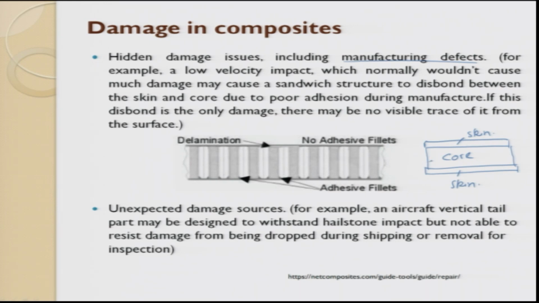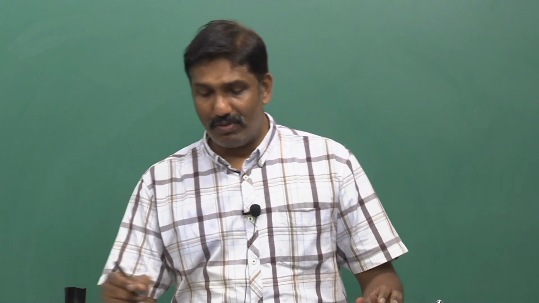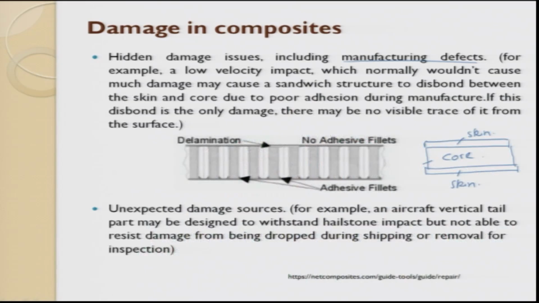The core can be a honeycomb structure or it can be an ordinary foam which you put in between. Generally there has to be a stitching between the skin and the core. If this stitching is not done properly, this leads to disbonding.